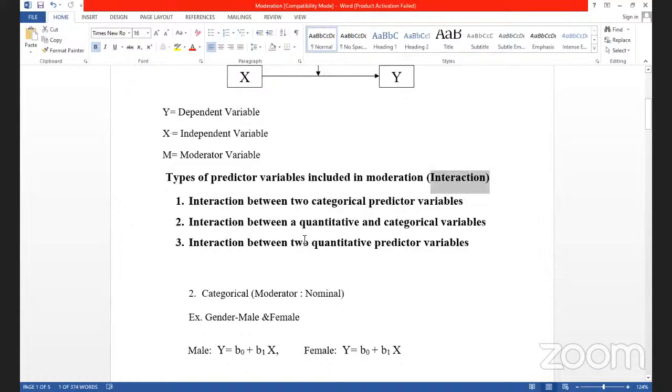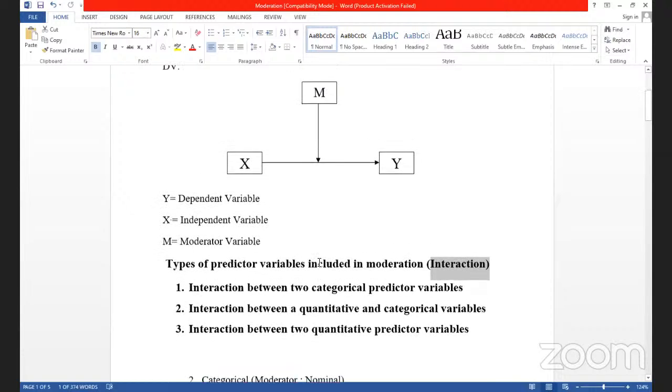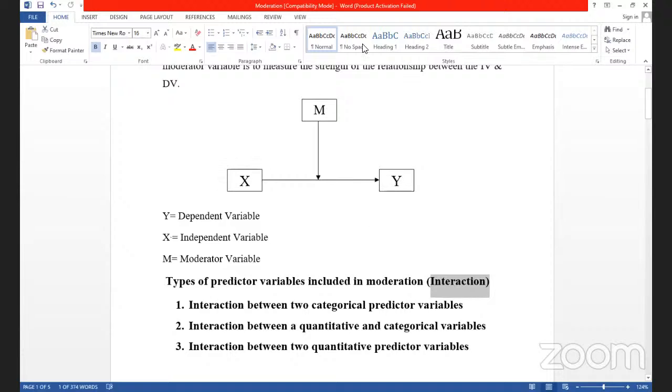Okay, so theoretically or statistically, how to draw this? This is the moderation diagram. Here you can see y and this variable x, and this is the regression coefficient b1.